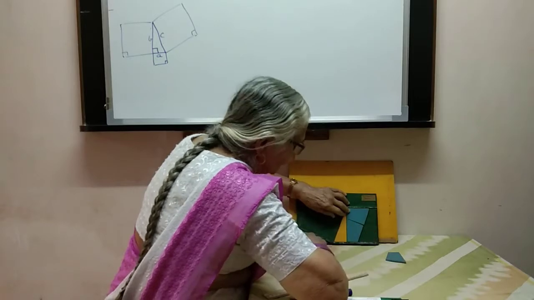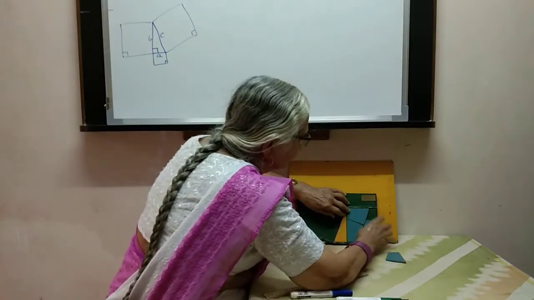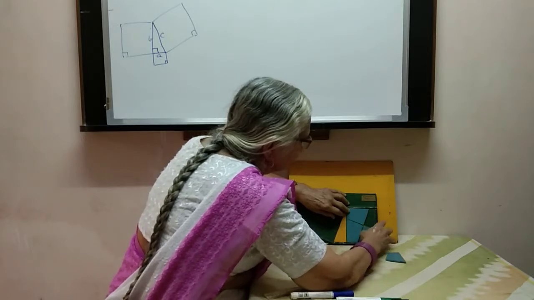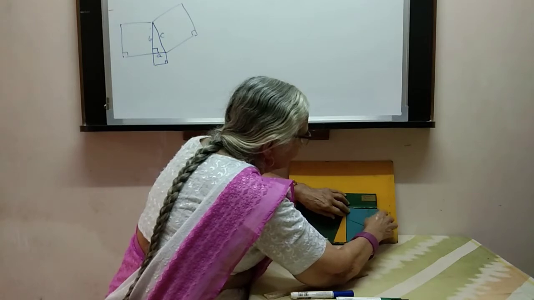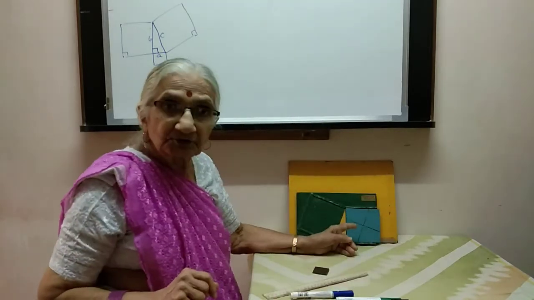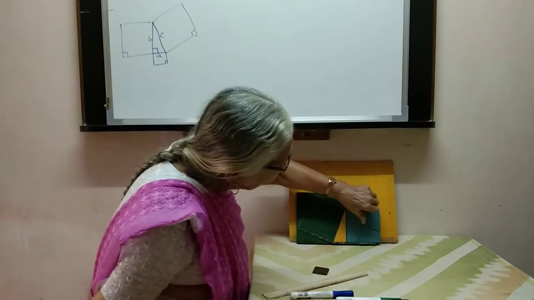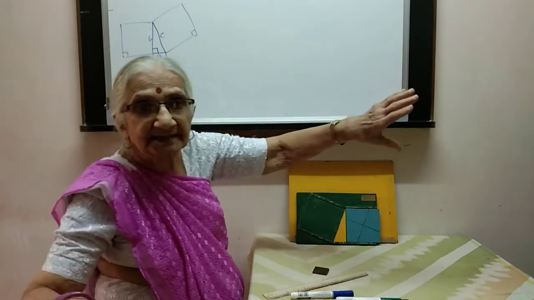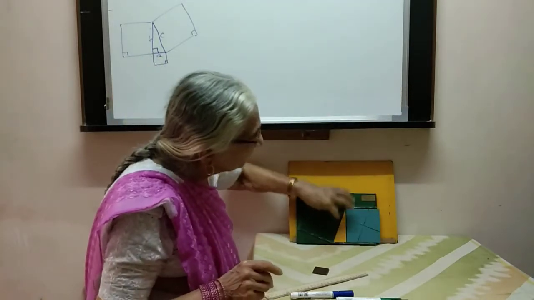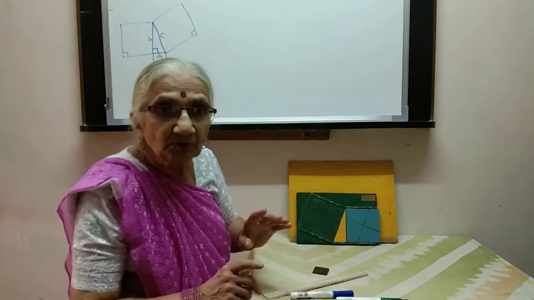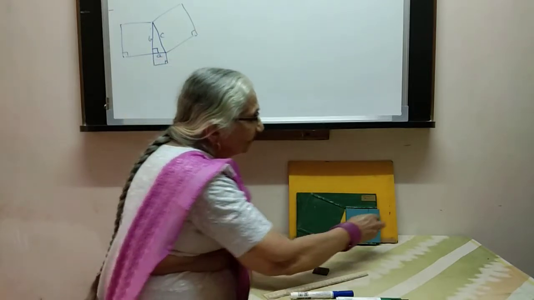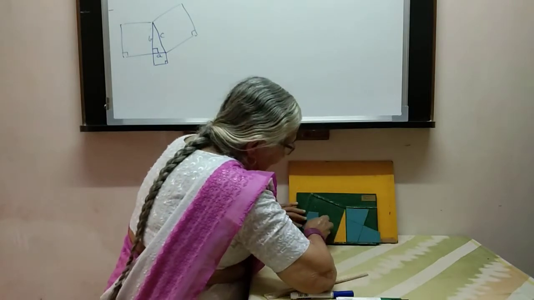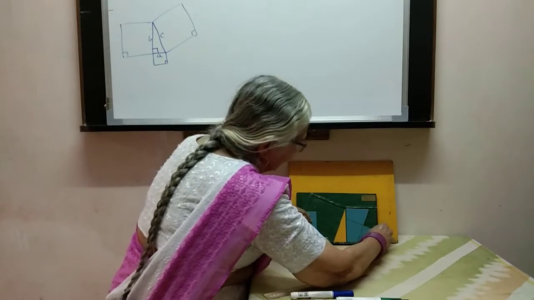I'll first go back to it. So these are the 4 pieces. Each one has a right angle that goes in the center and one right angle that goes outside. Outside means at the vertex of the whole big square. Now, we want to fit in everything here. What we do is, we take this one and I'm putting it here.